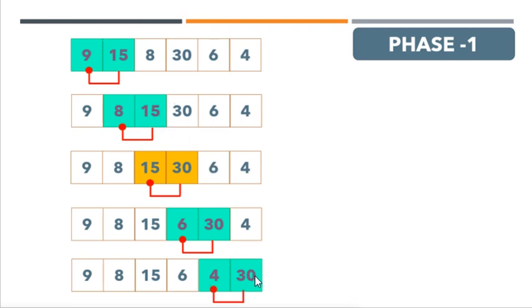I have reached the end of the array and you can see the largest element, 30, has reached its correct position. But unfortunately you can see my array is not sorted. So what is supposed to be done now? Leaving this 30, I will be repeating the same procedure with the rest of the elements.